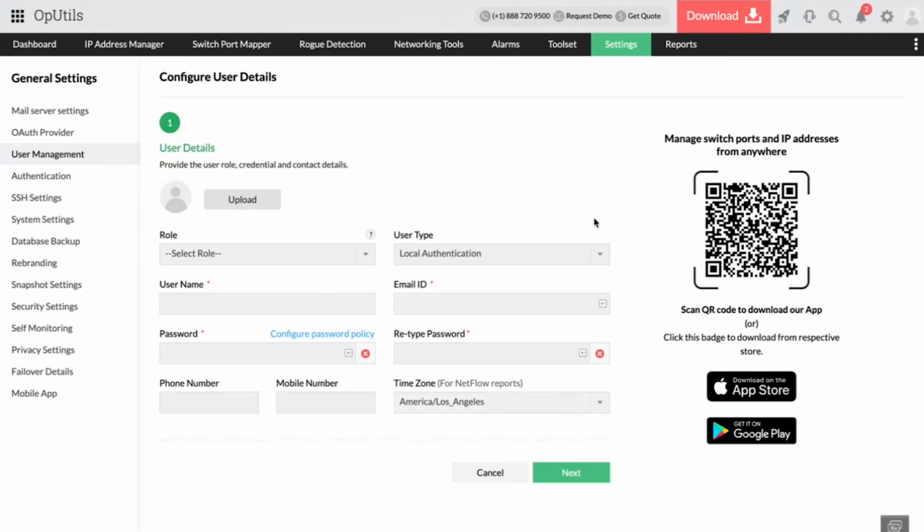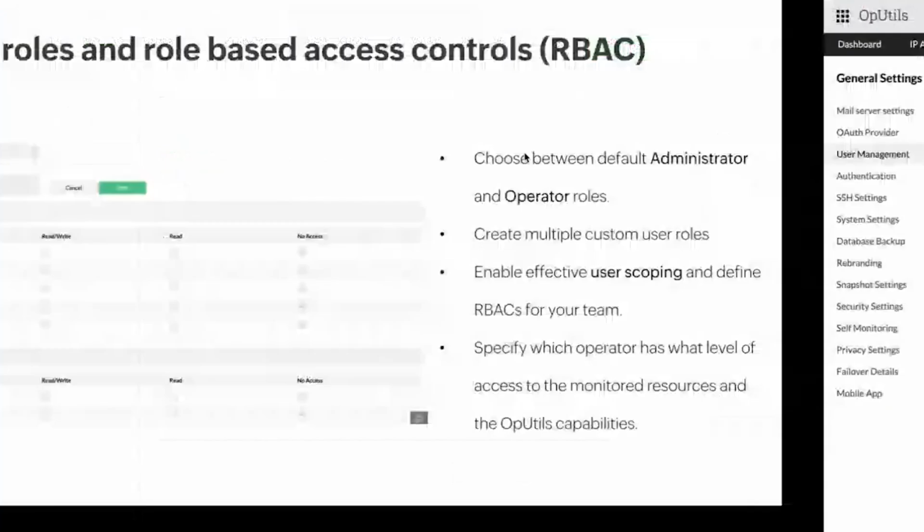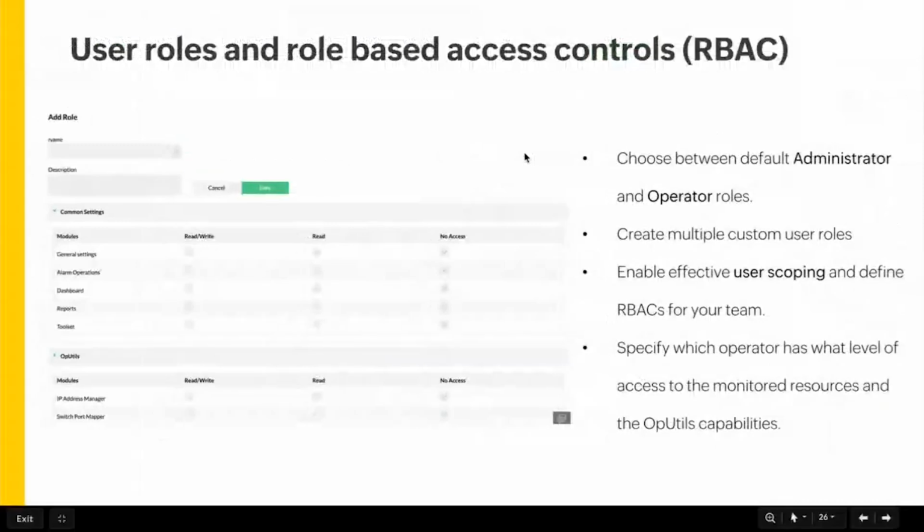And when you click on next, you'll be able to provide user role and credentials, set up password policies, and create a user profile. And this is how you manage users inside the OpUtils console. So that is it about user management inside OpUtils.